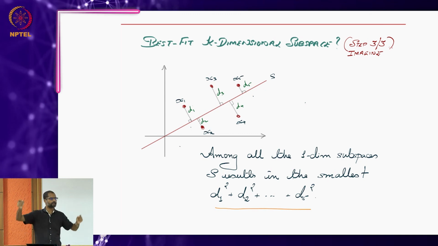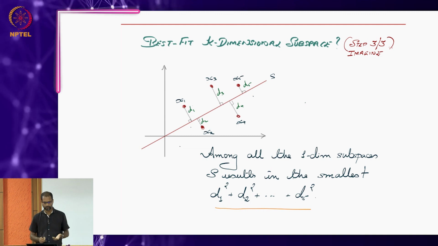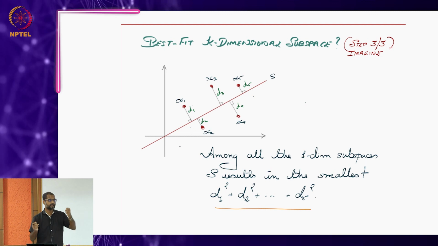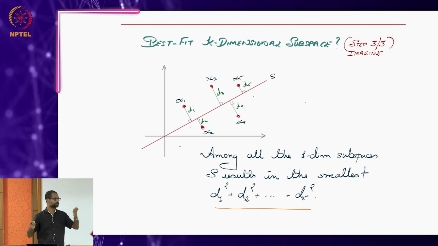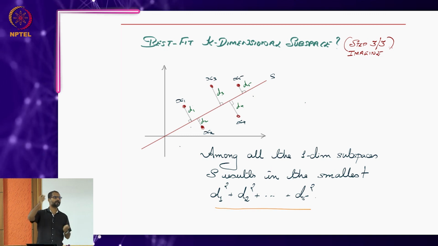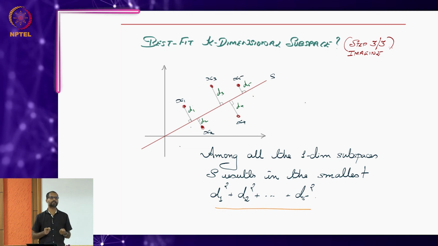Now do this 180 degree rotation, and every time you make a move, calculate the total error, d1 squared plus d2 squared and so on. d1, d2, etc. will change based on the orientation of this line, so your total error will also change. There will be one or more points where this is the minimum possible error, and that line, one of those lines, needn't be unique.